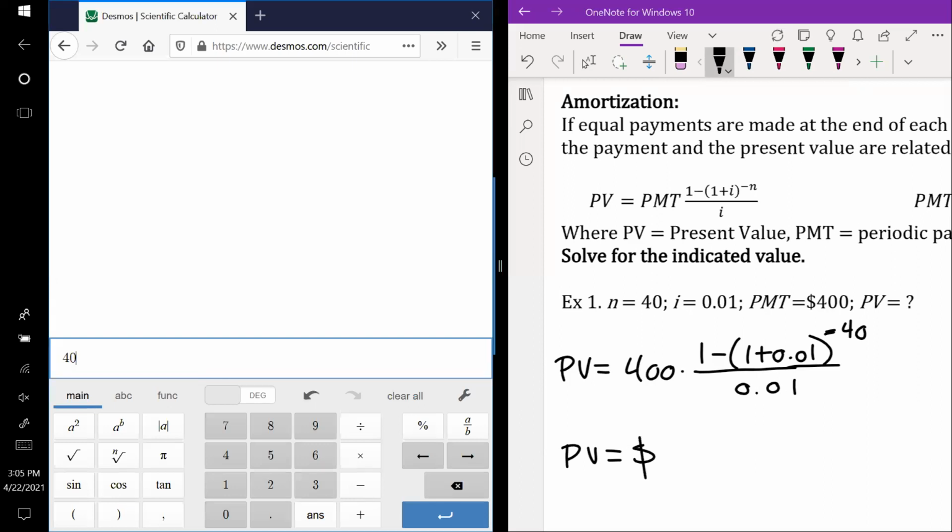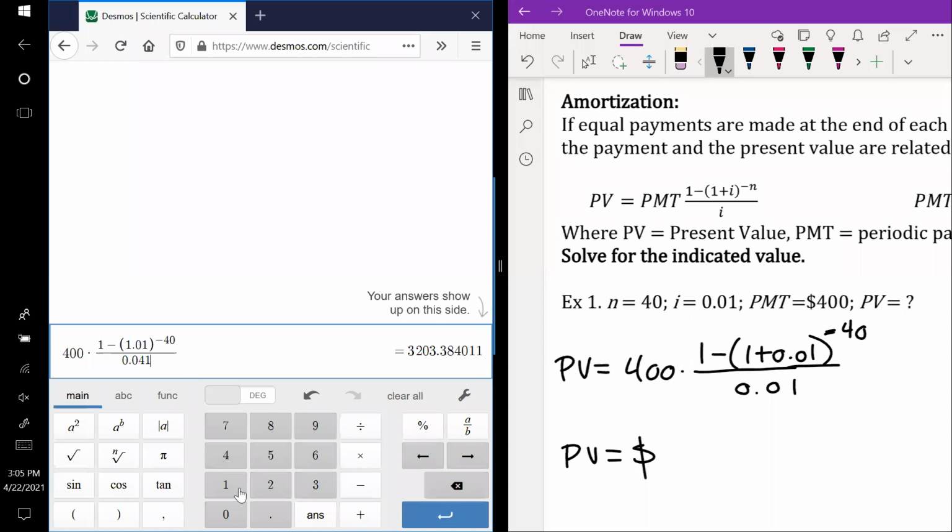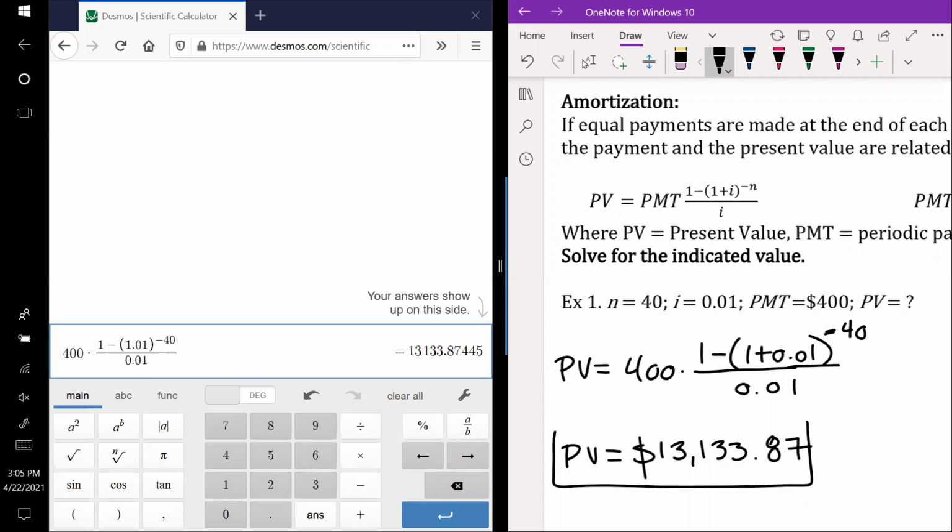So just like I wrote it, 400 times 1 minus parentheses 1.01 raised to the negative 40 over 0.01. And we get $13,133.87. Maybe even 88 if we rounded. But let's just say 87. Okay, cool.